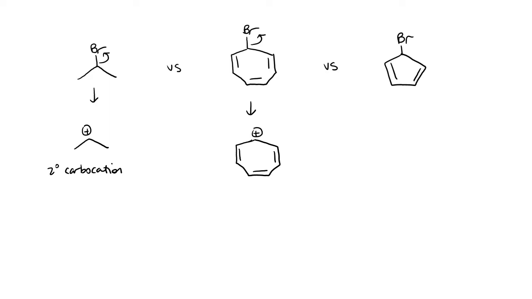Now, let's consider this carbocation. After the bromine leaves, the top carbon is going to be sp2 hybridized. All of the other carbons are sp2 hybridized. We also have 2, 4, 6 pi electrons. So what we've done here is we have formed an aromatic cation.